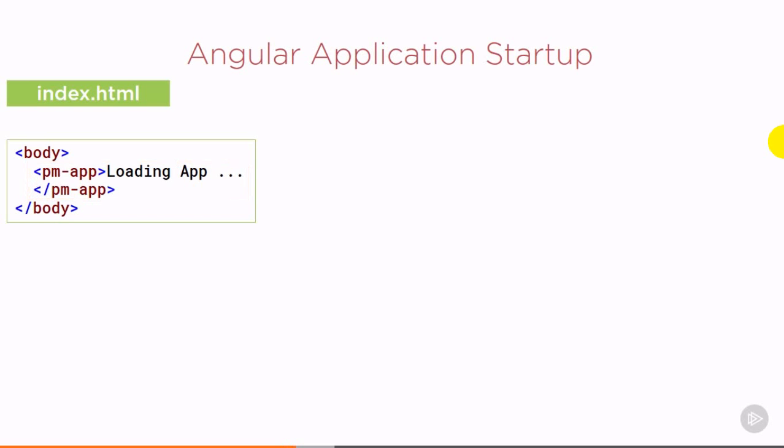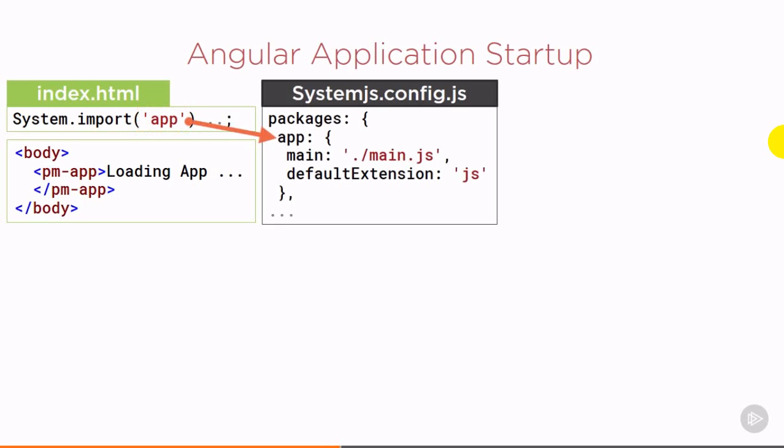But how does the module loader find our root application component? Recall from the last course module that we configured SystemJS, our module loader, in index.html to start up the application by importing an ES module from the app folder. And we saw that the SystemJS configuration file defined the main entry point of the application as main.